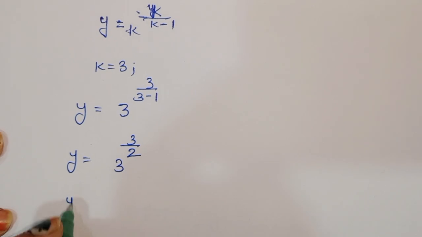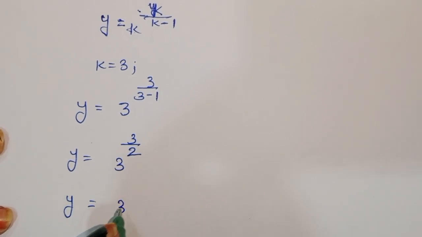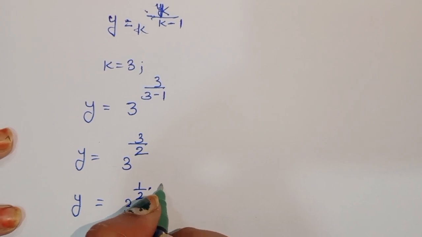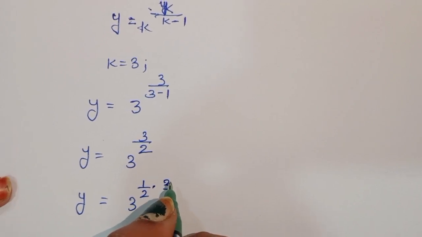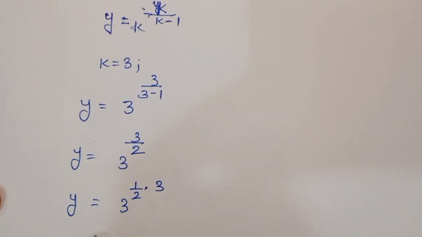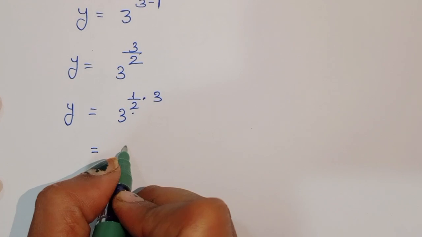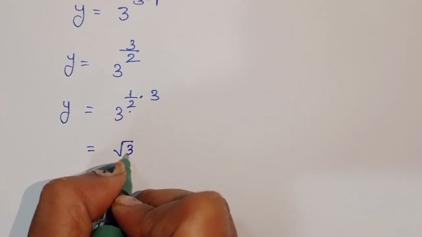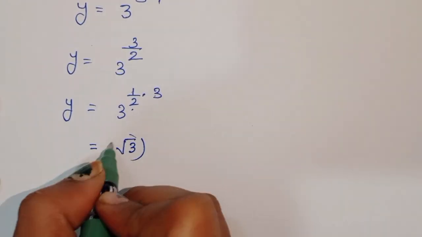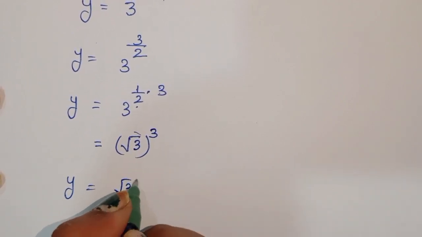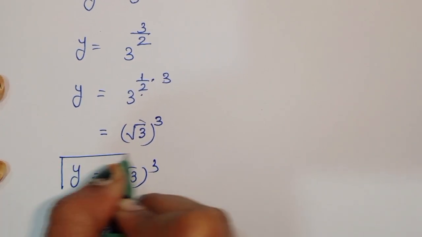So y is equal to 3 raised to 1 by 2 times 3. This is 1 upon 2, that is square root of 3, so we can write square root of 3 cubed. Y is equal to square root of 3 raised to 3.